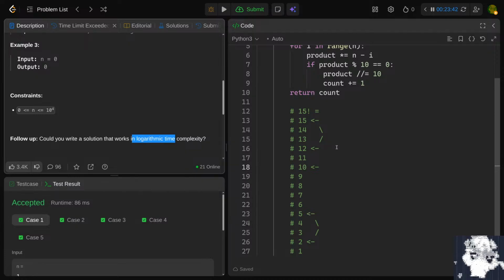I don't think Leetcode usually counts that though. I think they would usually count that as O of 1. I'm not sure.